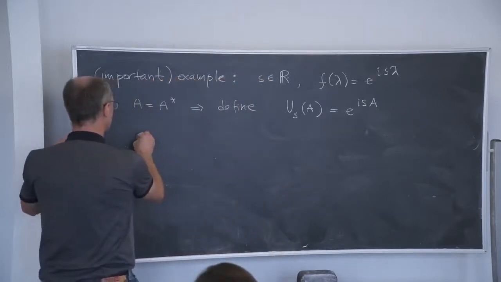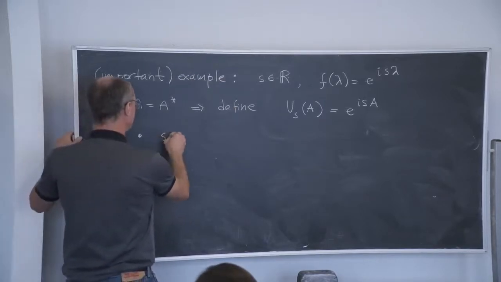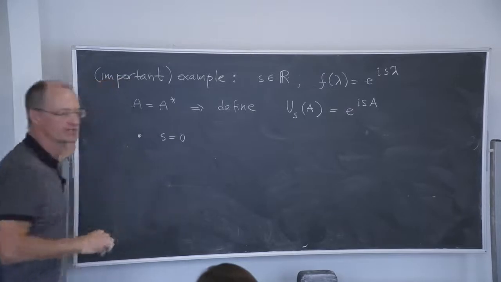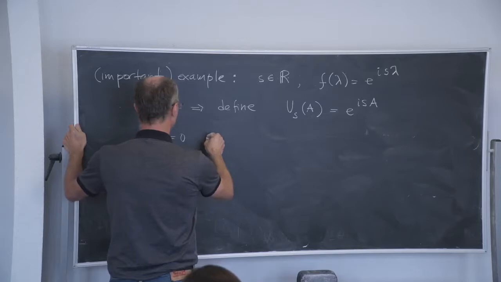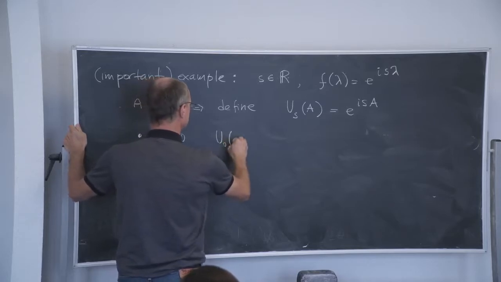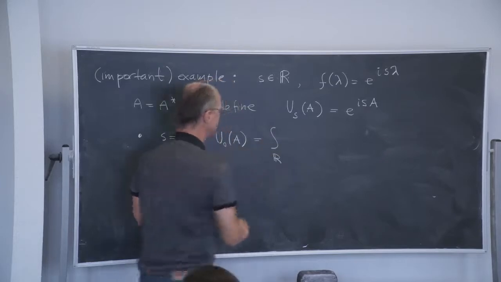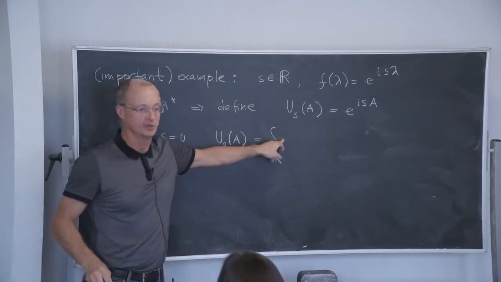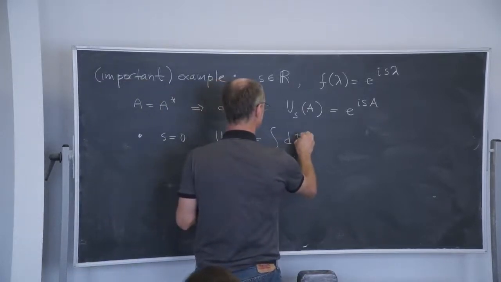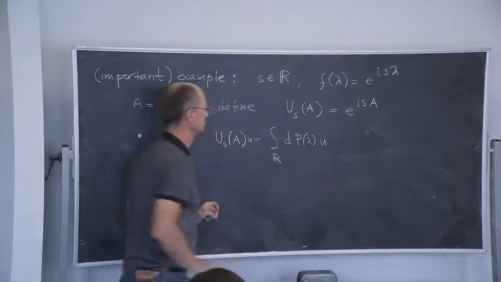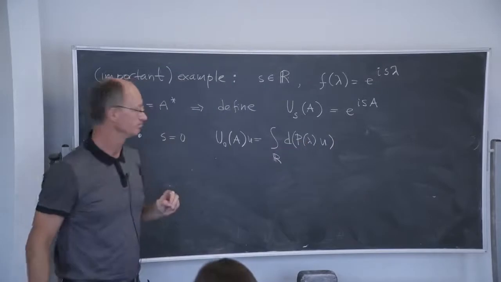The following properties are more or less obvious. So if we put s equal to 0, then U_0 of A is an integral over R of the function 1 of our vector valued measure.